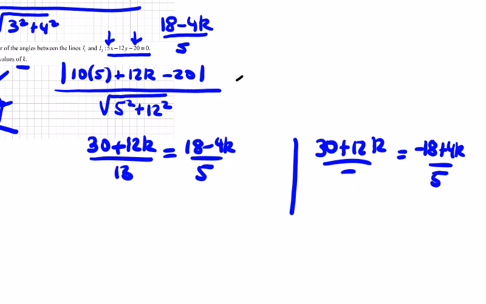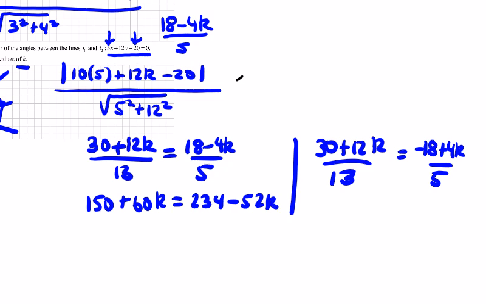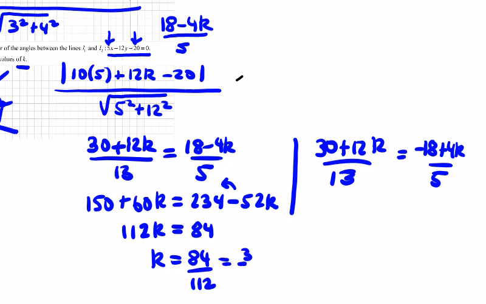Now the first one: we're going to get 150 plus 60k is equal to 234 minus 52k. So we're going to get 112k equals 234 minus 150, which would be 84. k is equal to 84 over 112. That's equal to 3 over 4, as 28 goes into both.